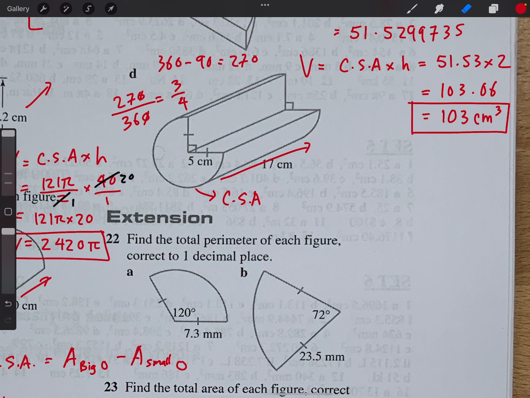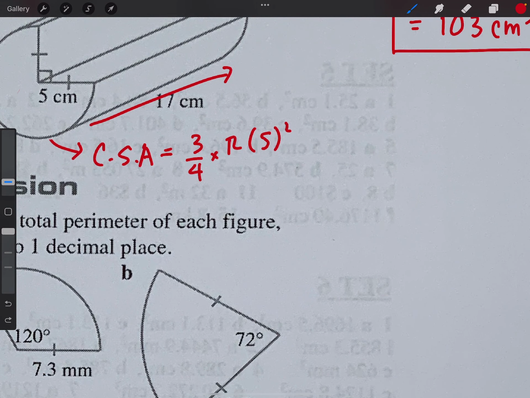Okay, so I need to find 3/4 of a circle. So I do 3/4 times pi times r squared, which is 5 squared. R is the radius, which is 5. Now we're gonna have 3 times 25, which will be 75, so 75 pi on 4.